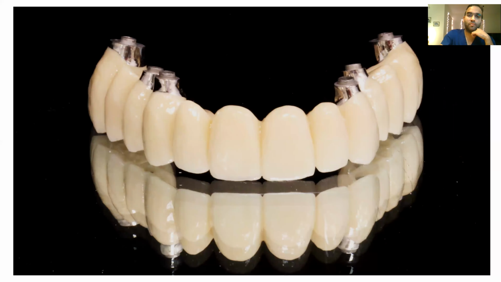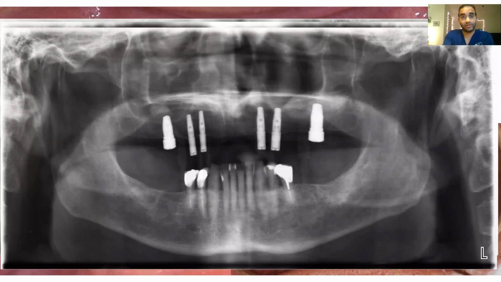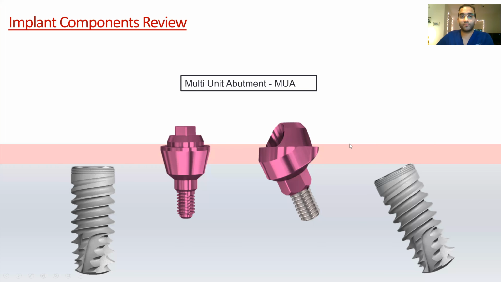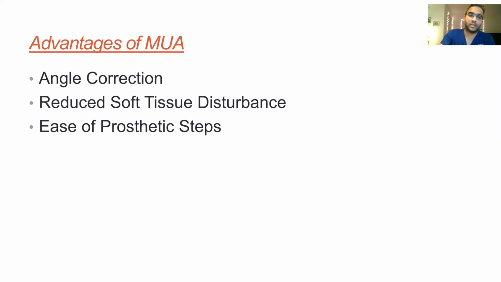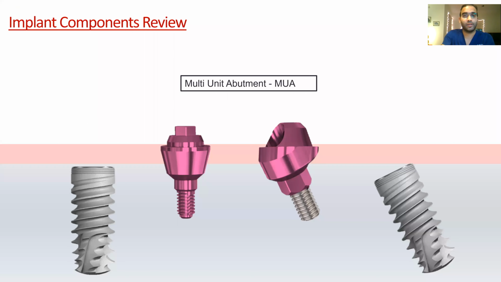Whereas if a milled multi-unit fails or fractures, or there's a screw that gets stuck in it, we can just pick the same multi-unit from the same manufacturer, and the prosthetic that is made on top of that is going to fit perfectly. And the long-term maintenance, because of that, becomes very, very easy, right?